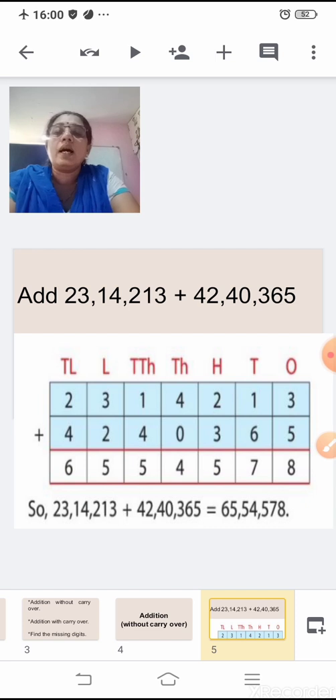So the sum or the answer here after adding the two addends is 65 lakh 54,578. There is no carryover because when you add two numbers you get a single digit number, so you need not carry over.